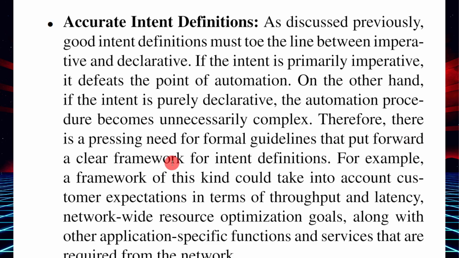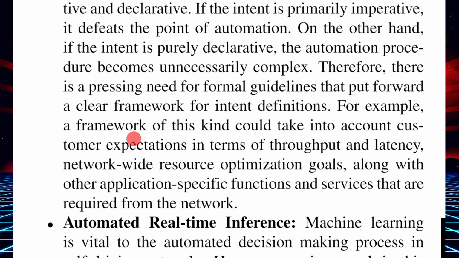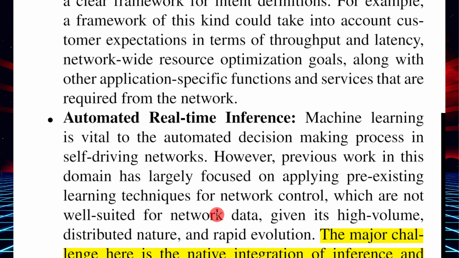Therefore, there is a pressing need for formal guidelines that put forward a clear framework for intent definitions. For example, a framework of this kind could take into account customer expectations in terms of throughput and latency, network-wide resource optimization goals, along with other application-specific functions and services that are required from the network.